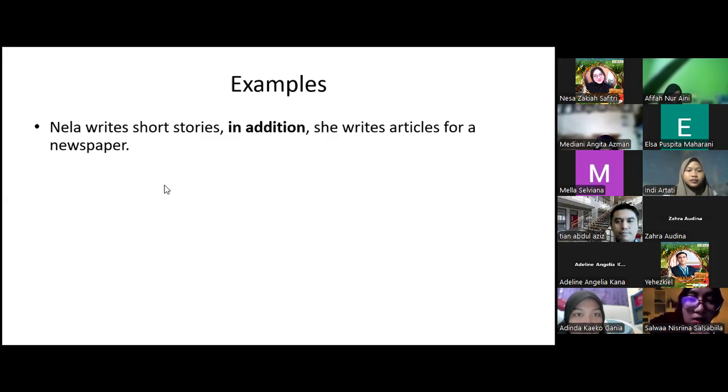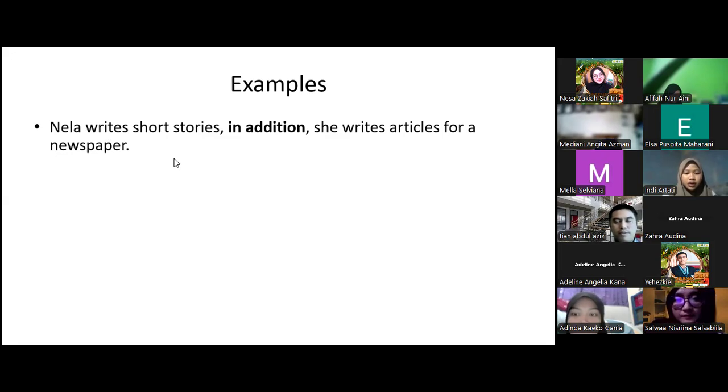Example: Nella writes short stories. In addition, she writes articles for a newspaper. Here, the first sentence is Nella writes short stories, and the second sentence is she writes articles for a newspaper.